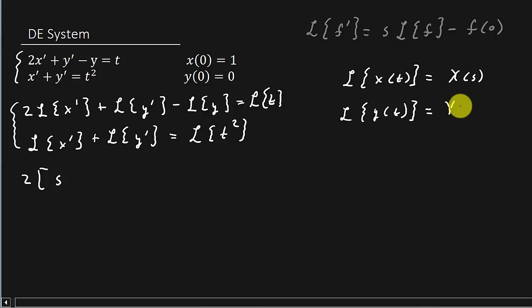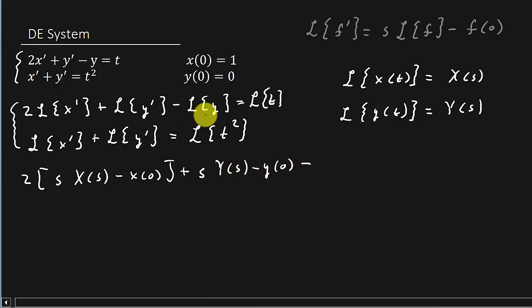I'm going to write that as capital Y of s. So that's s X of s minus x of 0 plus s times capital Y of s minus y of 0 minus, and then I've got the Laplace transform of y, which I'm going to write just as capital Y of s. And that is equal to the Laplace transform of t.